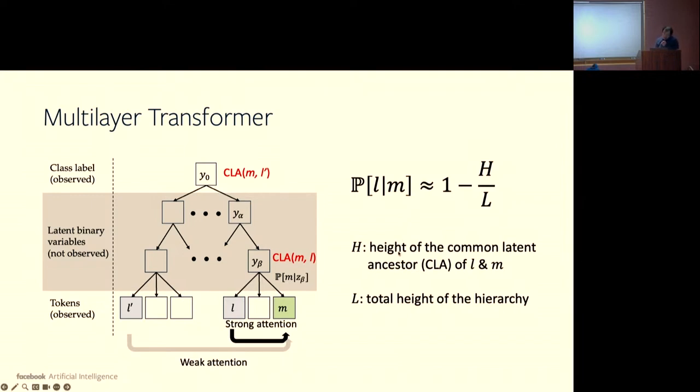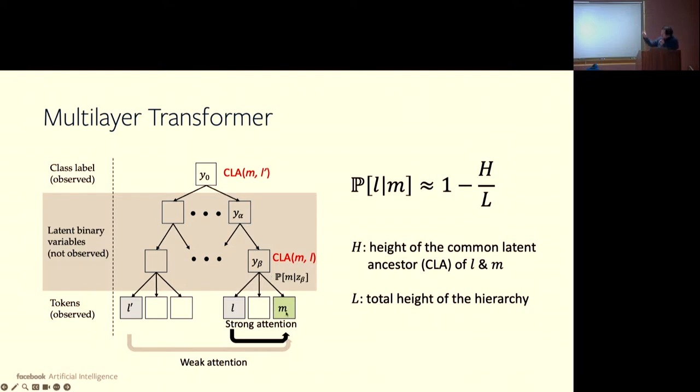H is basically the height of the common latent ancestor of these two tokens, L and M, right? For this L and M, their common latent ancestor height H is 1, which is very small, so if you plug this in, the probability is approximately 1.